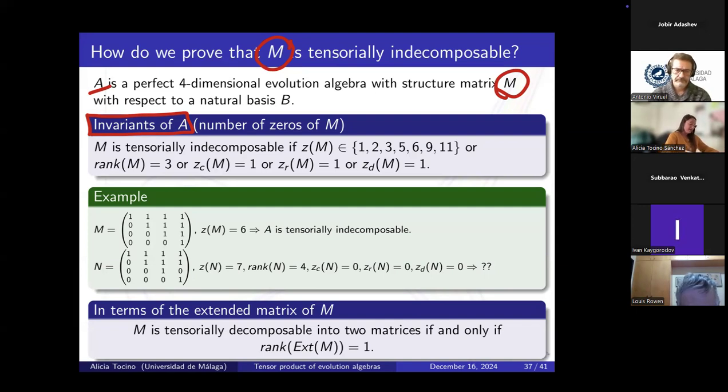These invariants are given in the PhD thesis of Yolanda Cabrera.